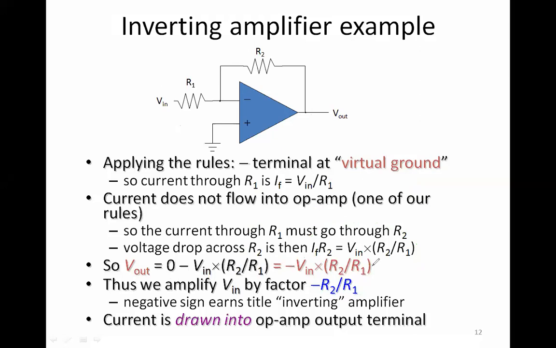Okay, so if I have to say that it is amplified, then it's going to be in the form of R2 by R1, right? Because V in remains common, right? So since V in remains common, what is going to happen?